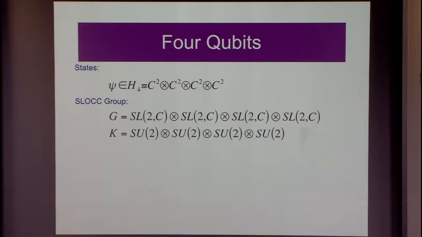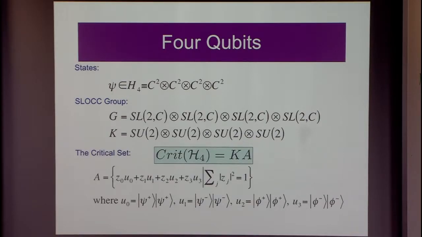Okay, so let's look at the example of 4 qubits to understand these critical states. Again, sorry for the typos here, there should be a line here, and ignore the circle. We have this local group, and the set of critical states can be characterized very nicely.